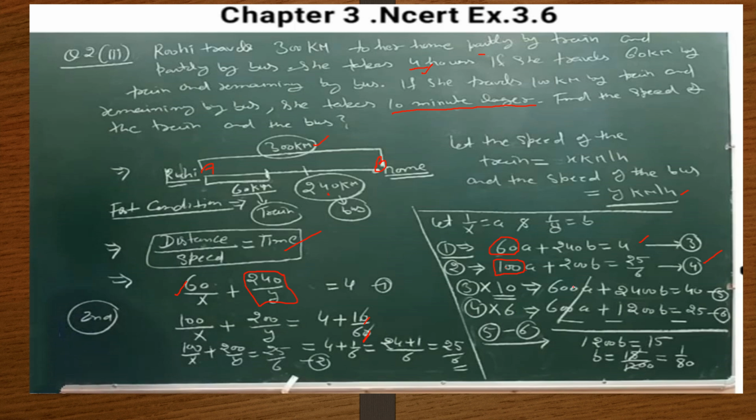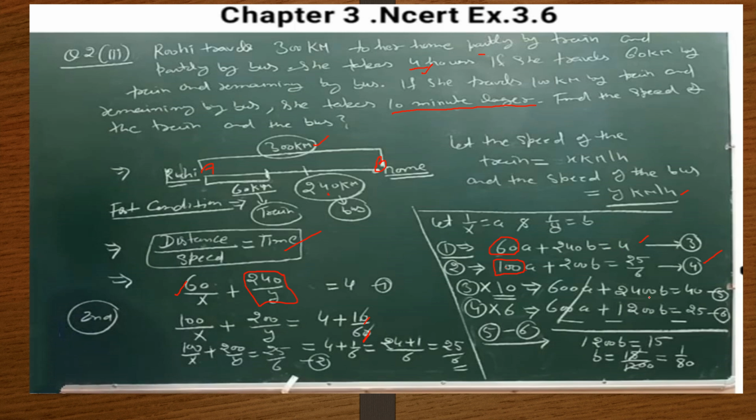We have 600a plus 2400b. Students, one thing you should remember: when we multiply any number in an equation, we multiply that number with each term, with sign, on both sides.